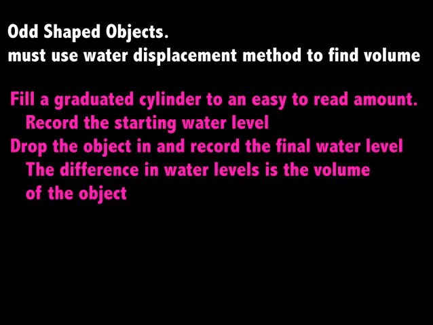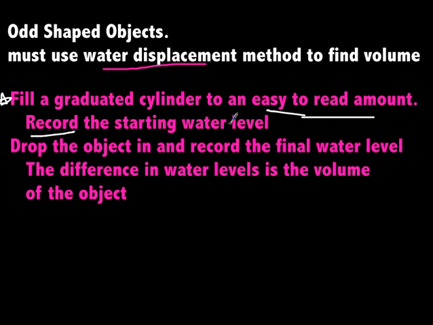Some objects I'm going to have you find the density of are going to be very oddly shaped. They're not going to be something that you can measure the dimensions of. In those cases, you're going to use the water displacement method. So in the water displacement method, you're going to start by filling a graduated cylinder to some easy to read amount. It doesn't matter how much, except that you can't have it all the way up to the top because then it doesn't have any space to move.